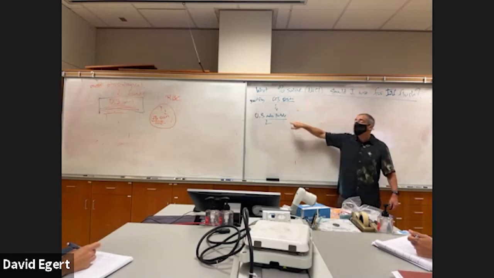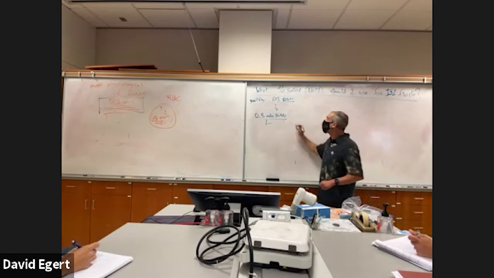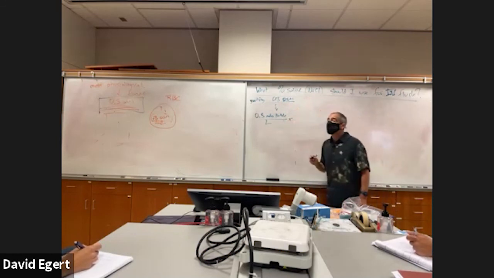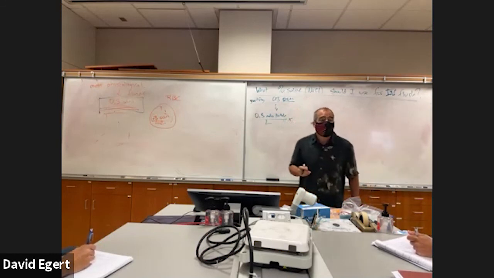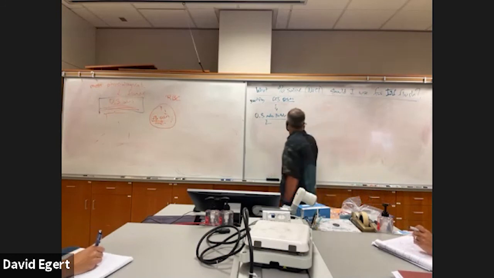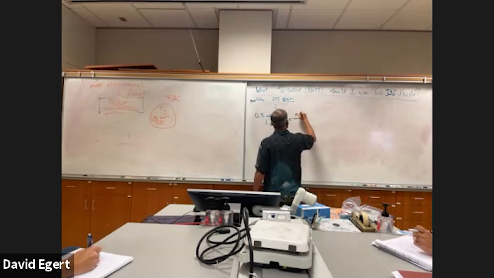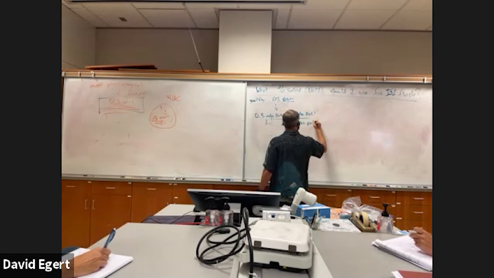Instead of moles of particles, if I wanted moles of sodium chloride, what would be the conversion factor? It'll be liters over something. So we want to eventually have moles of NaCl instead of moles of particles. What's going to be the relationship of moles of particles to moles of NaCl?